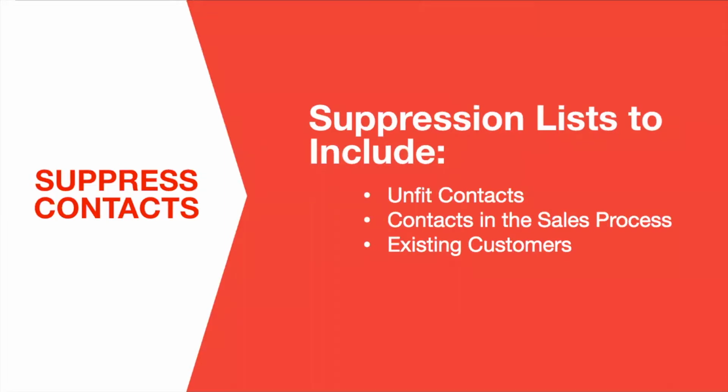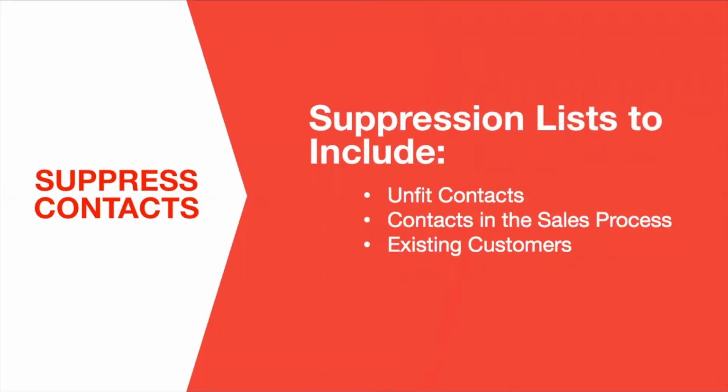And so what we want to do ultimately is still include in any workflow a suppression list for unfit, unqualified contacts, so that your sales reps aren't wasting time on leads that aren't qualified to buy. Maybe they're already in the sales process or they're already an existing customer.